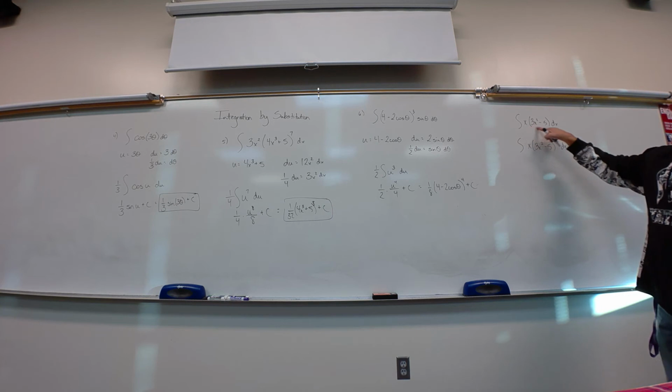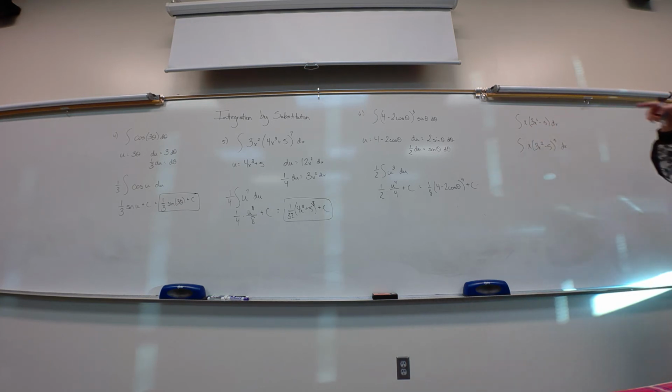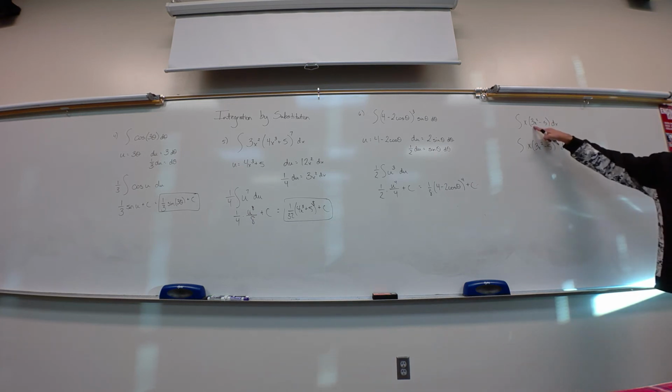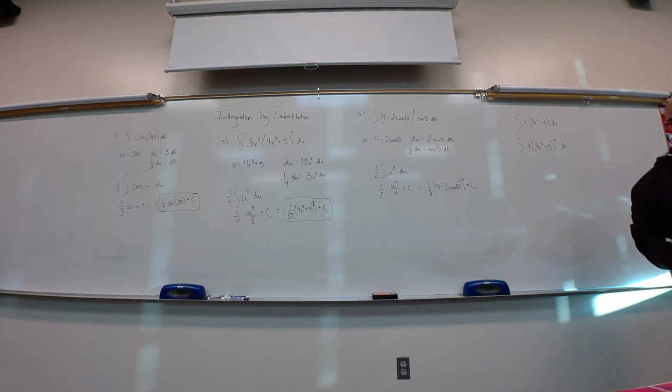Substitution here. Is it necessary? No, because you can distribute the x, right? You could use substitution, though. Because if you let u be this, du would be 6x. I can use the 1/6 and get to the x. But probably quicker to just distribute the x and then go through the integration.